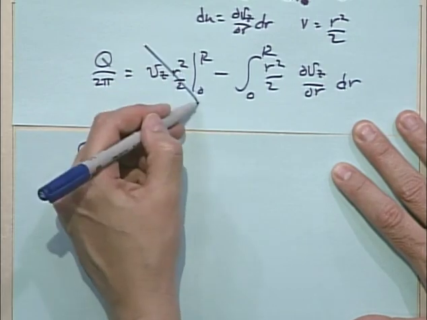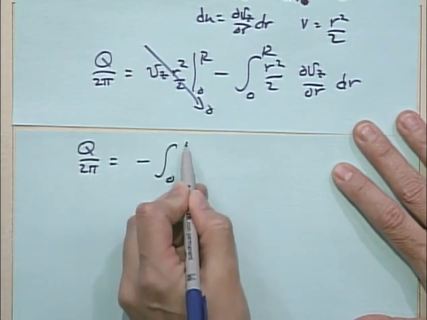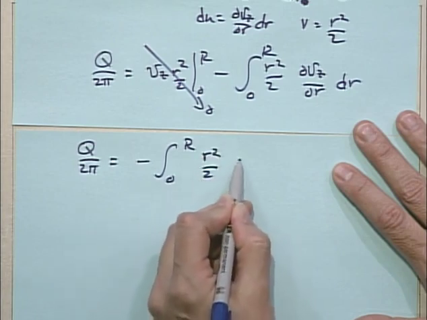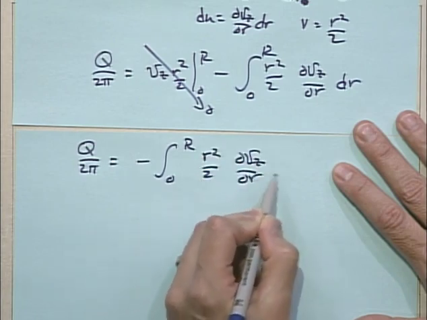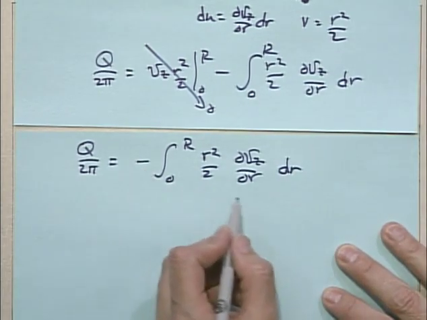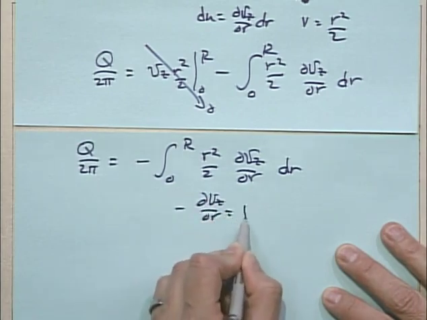So in fact, this whole thing goes out. So we get minus the integral 0 to R of r squared over 2 dvz/dr dr. Now I'm going to call minus dvz/dr gamma dot.